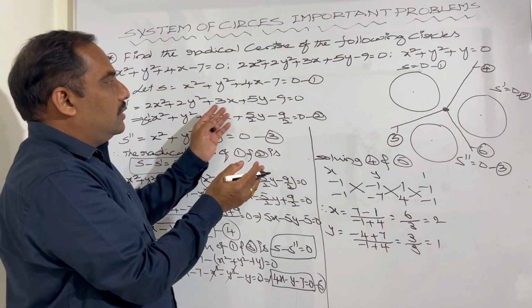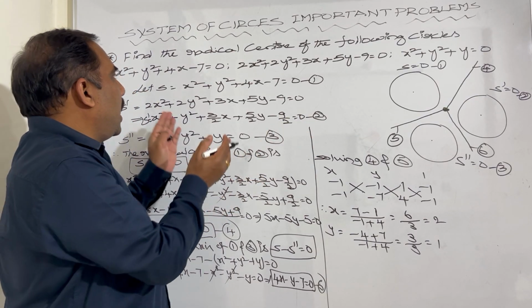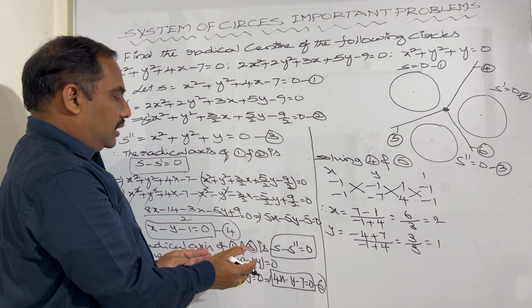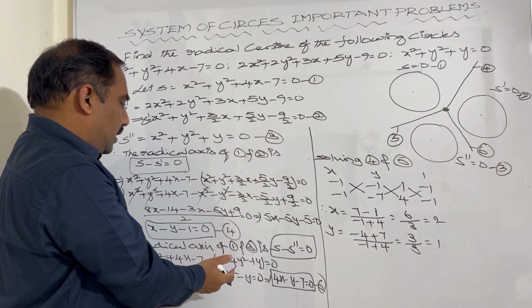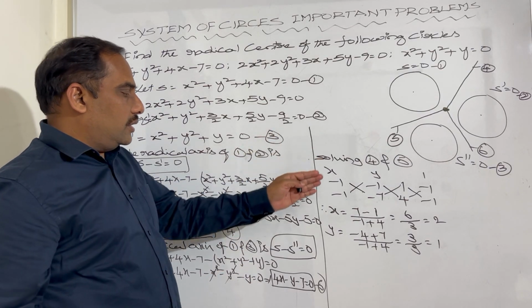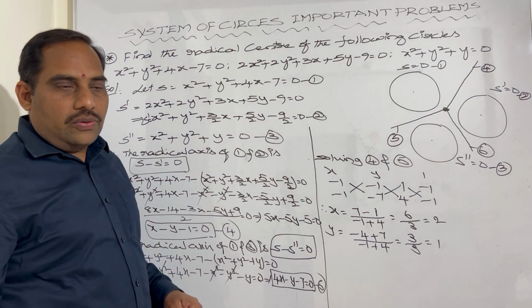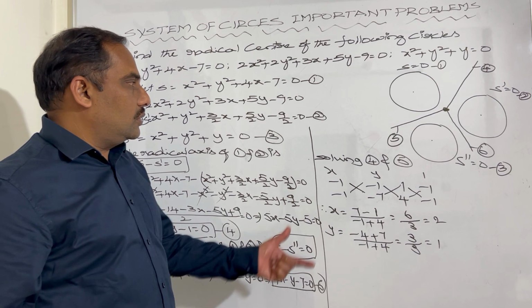So I considered the first and second equations of the circles, and for our convenience again I considered the first and third equations to find the radical axes. So I get the radical axes as x minus y minus 1 is equal to 0, and 4x minus y minus 7 is equal to 0.